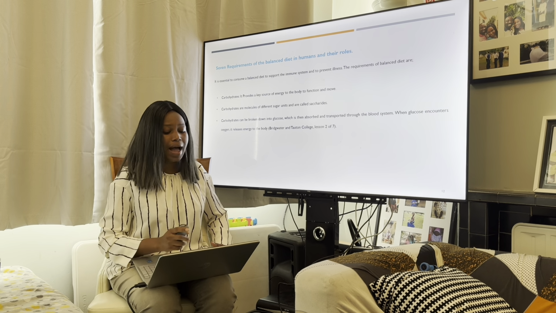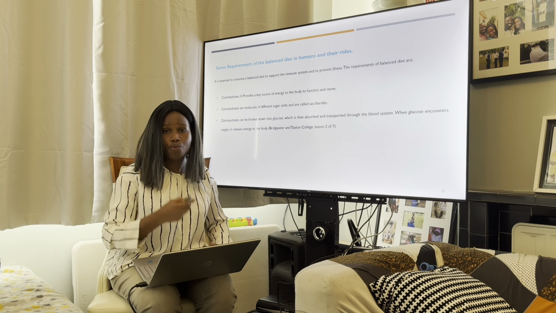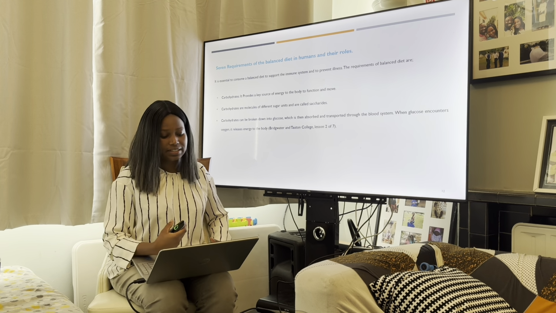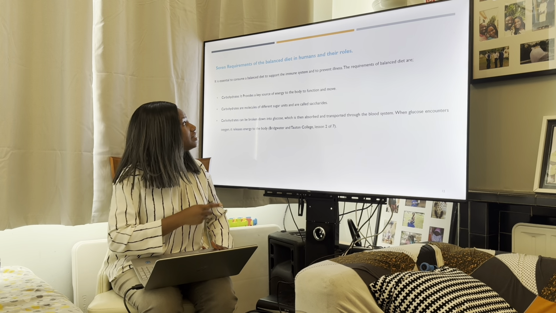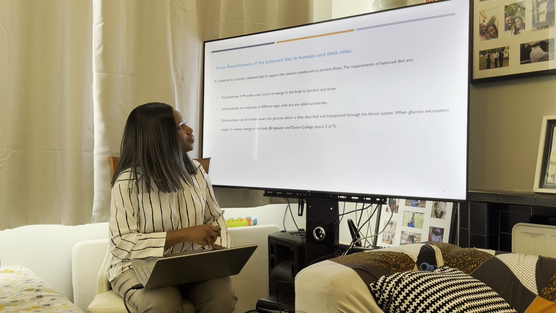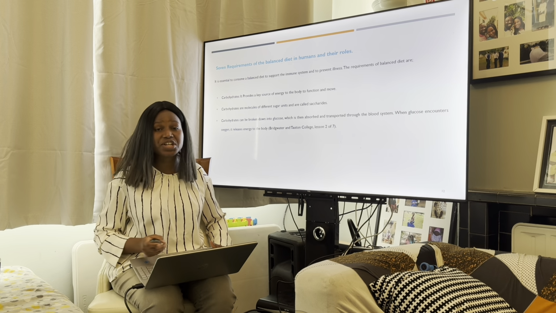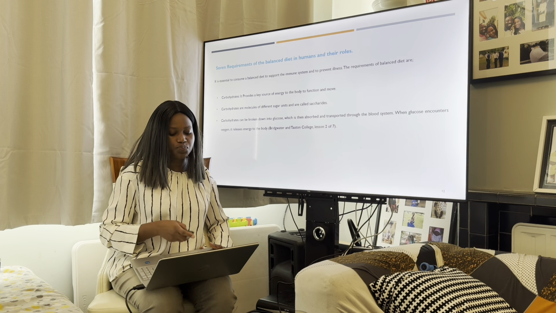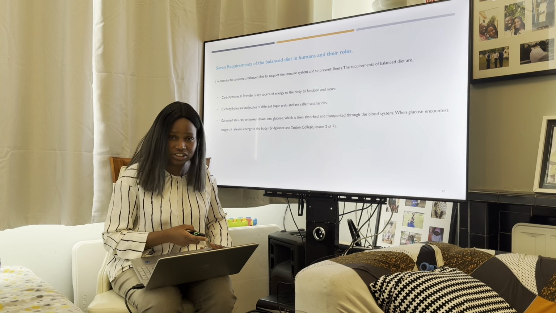So, 7 requirements of the balanced diet in humans and their roles. It is essential to consume a balanced diet to support the immune system and to prevent illness. The requirements of a balanced diet are carbohydrates. They provide a key source of energy to the body to function and move.